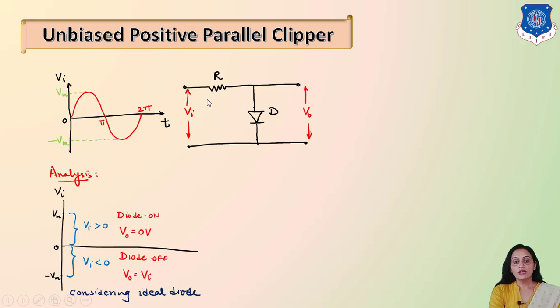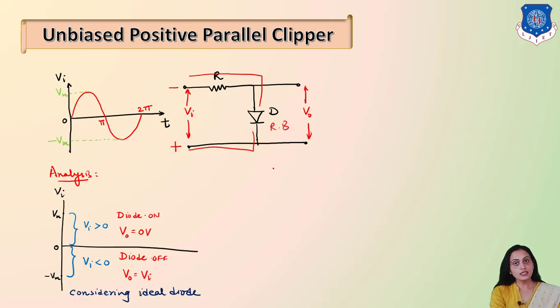Now for the negative half cycle, you will find the input voltage polarity as this, that is minus plus, and the diode anode is connected to the minus and cathode connected to the plus, and that is why this diode is in reverse bias.